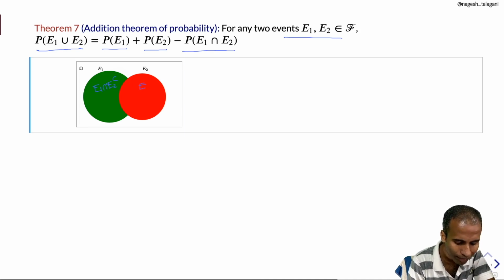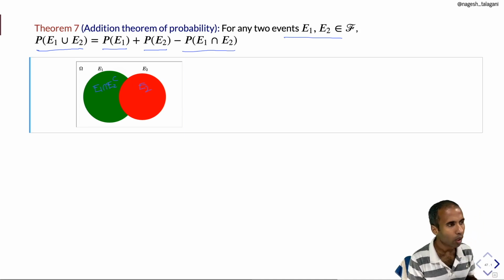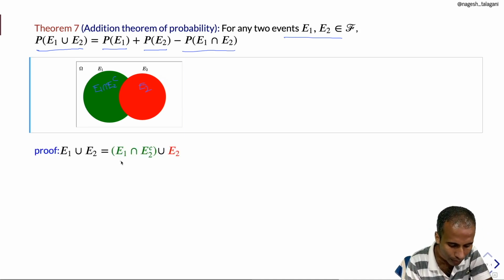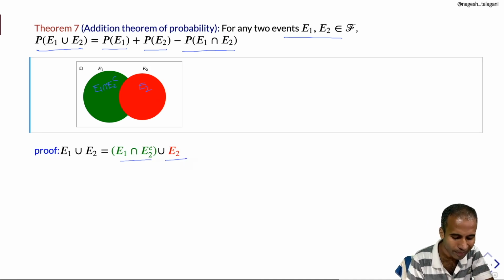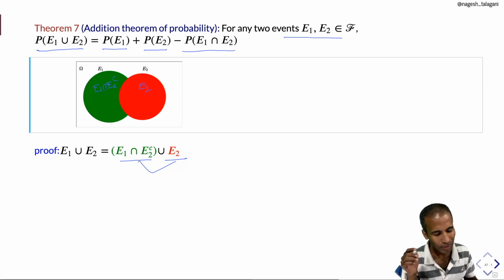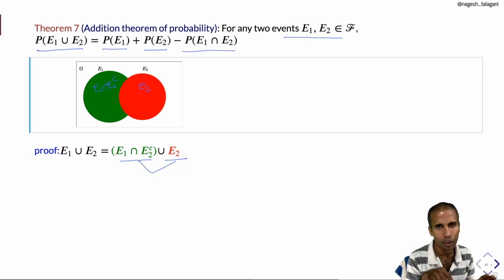So the red portion is precisely E2. The whole E1 union E2 we can express like this: E1 intersection E2 complement union E2. The good thing about writing E1 union E2 like this is that these two are going to be mutually exclusive. So when we try to compute the probability, we can apply additivity.